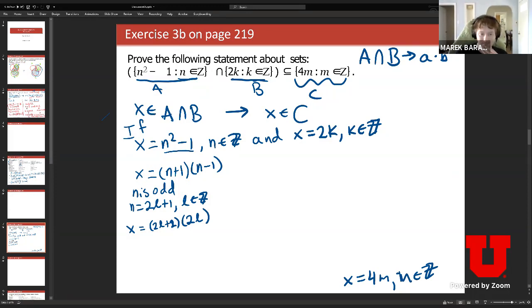This is equal to 2 times L plus 1 times 2L, and that's equal to 4 times L plus 1 times L.